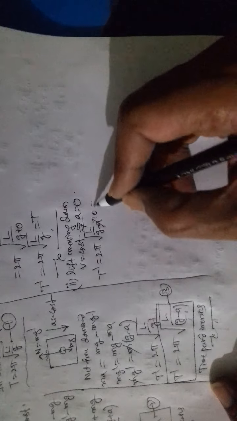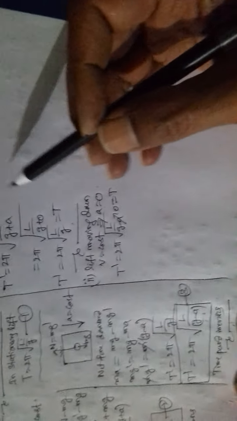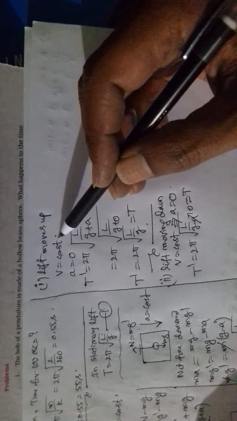Then again it becomes equal to this value. So in this case also time period not changing. So whether the lift is moving up or down, if it moves with constant velocity, its time period will not change.